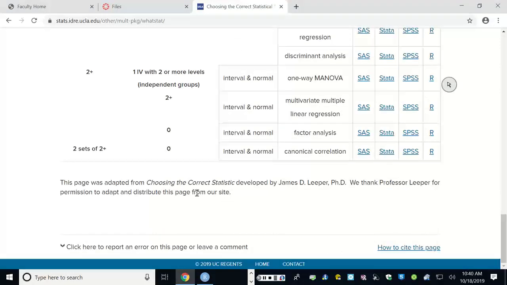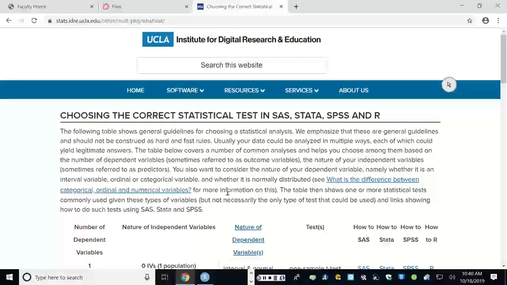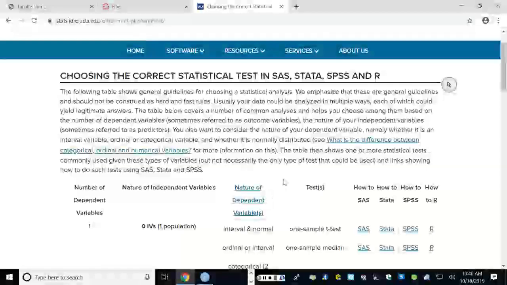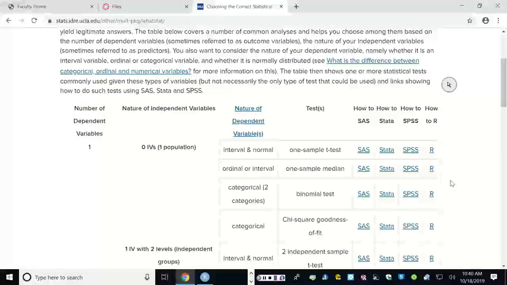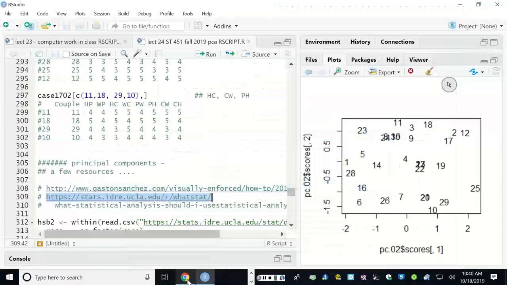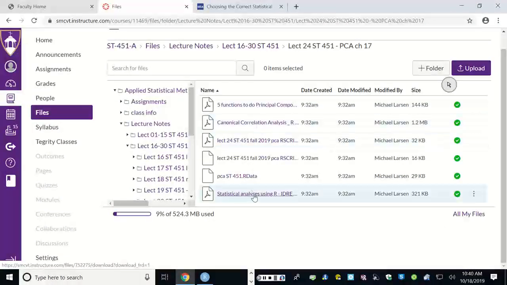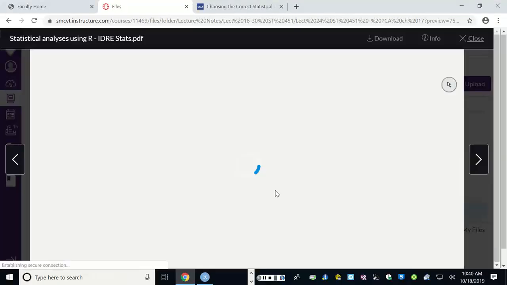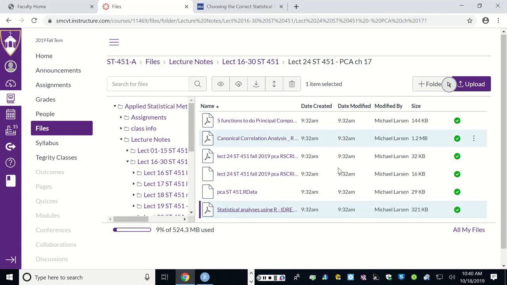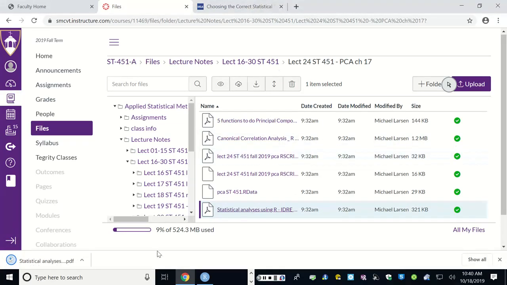Let's see, trying to find how to. Anyway, let me just try to open it in a tab.